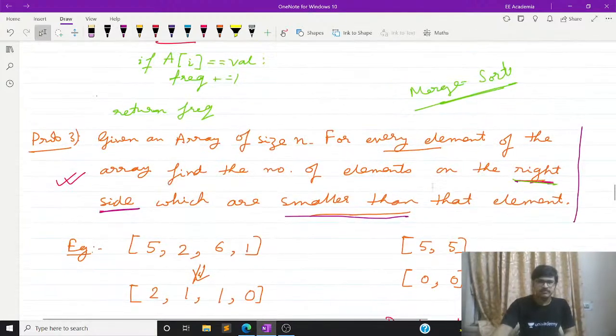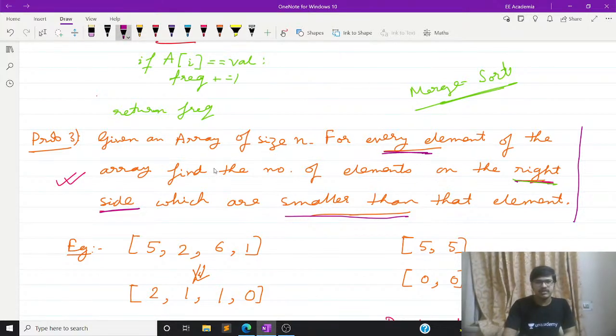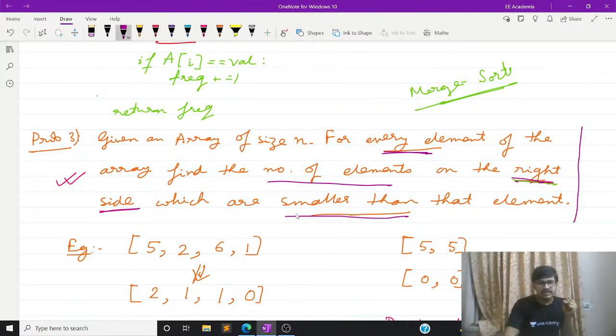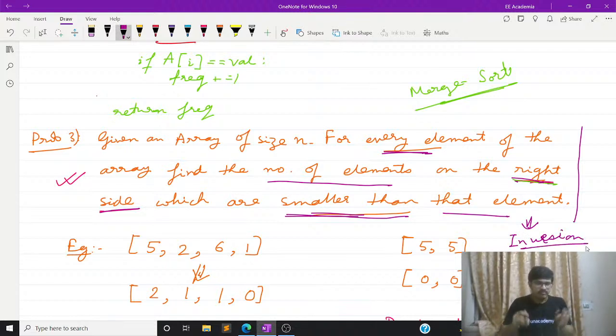This is what should be satisfied. Now, isn't this an inversion? For every element of the array, find the number of elements on the right side which are smaller than that element. Isn't this an inversion? Basically, for every element, we need to count its inversions, the number of elements on the right that are smaller than it, right?